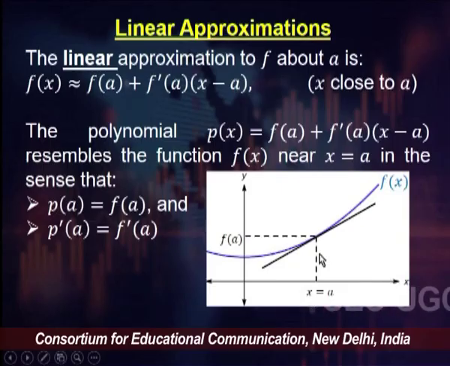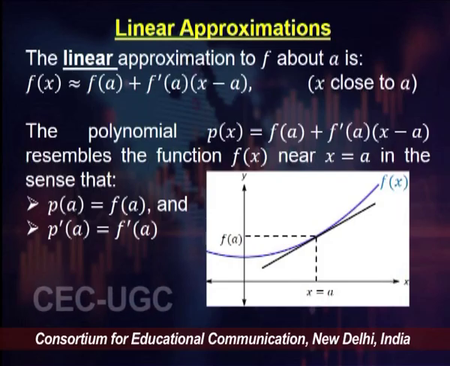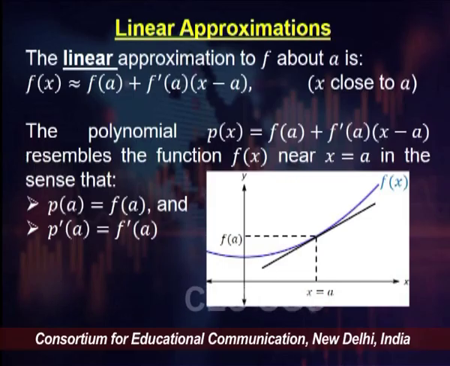Now, this also sets the stage for carrying out higher order approximations. If we want a polynomial that should mimic the function at x equal to a, we would not only want the values of the function and the polynomial to be the same at x equal to a, but we would also want the first order derivative, the second order derivative, or higher order derivatives, to be the same at x equal to a for both the function and the polynomial.